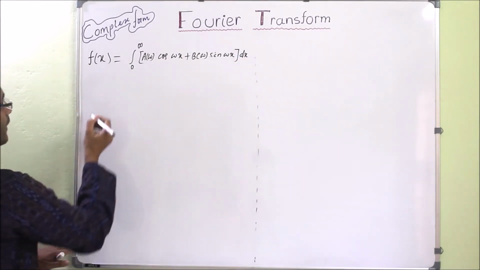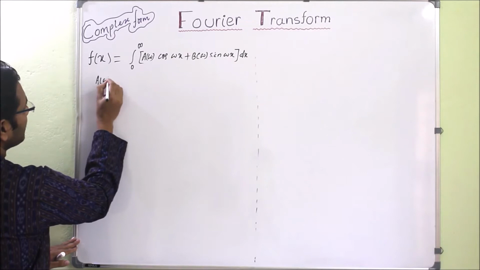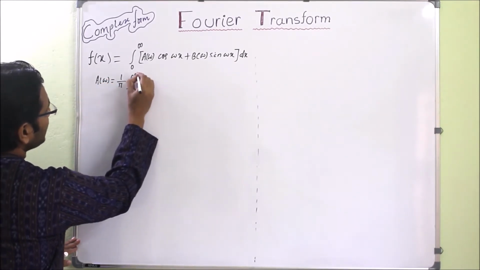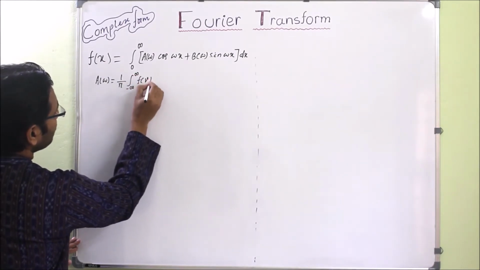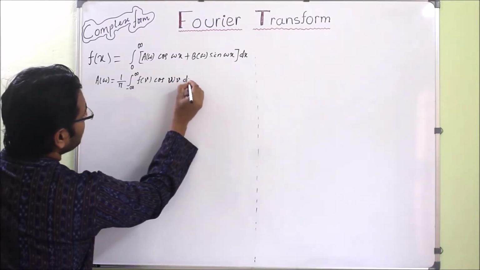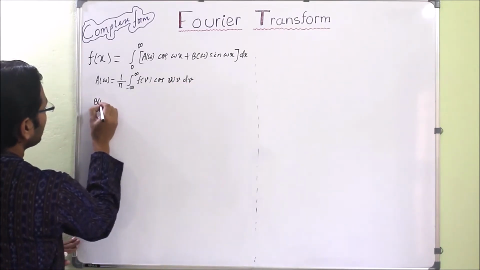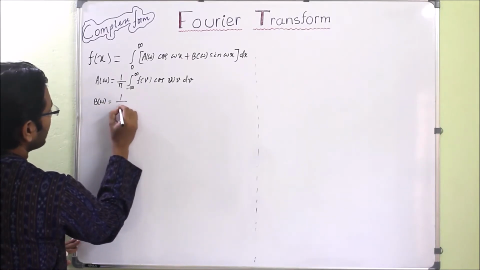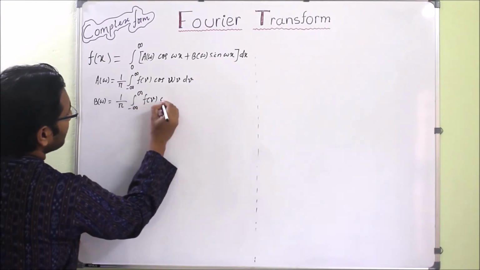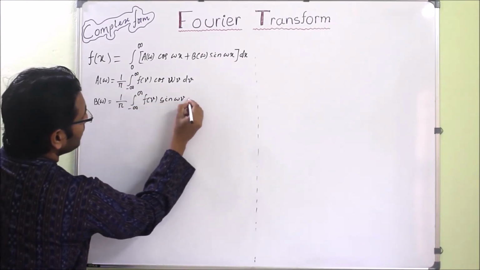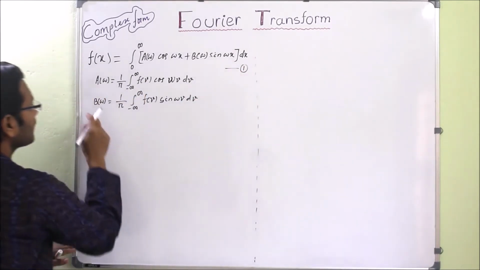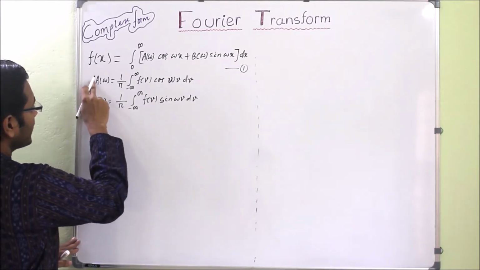Okay, now what is aw? aw is 1 by pi times the integration from minus infinity to infinity of f of v cos wv dv, where bw is defined like this: 1 by pi times the integral from minus infinity to infinity of f of v sin wv dv.